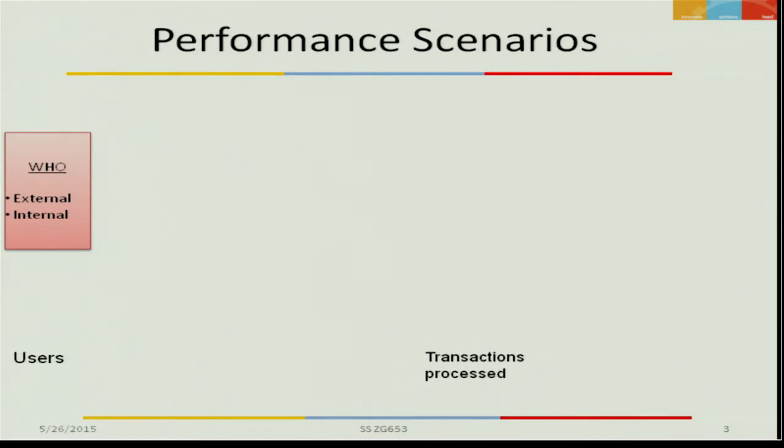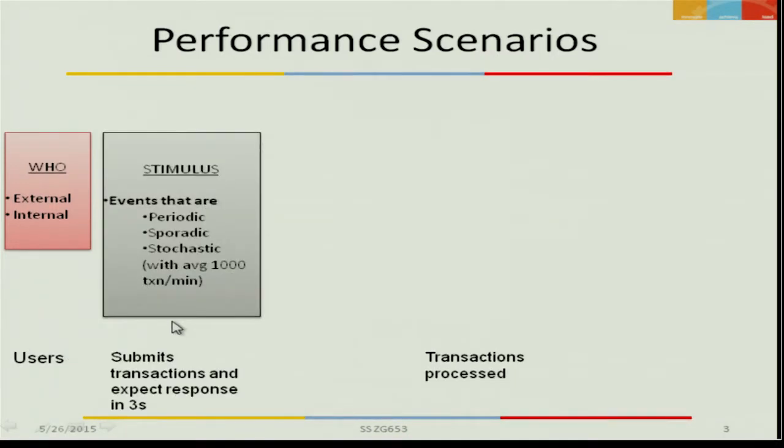It could be external or it could be internal. One example is users, shown at the bottom here. Then comes the stimulus that the system can respond to.